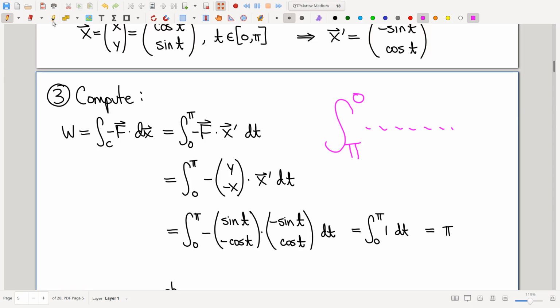And the fact that our integral goes from pi to 0, the fact that we're starting where we previously ended and ending where we previously started, we figure that ought to just account for the fact that we're going the wrong way. Well, that will give you the correct result.